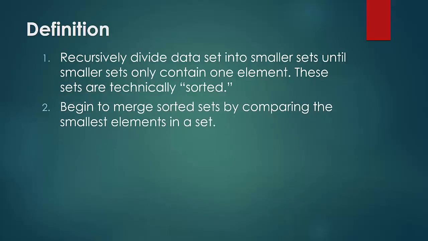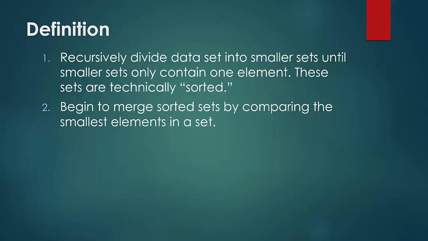Now you have these multiple sets. Let's say, for an example, our main data set has 4 elements. So now we have 4 sorted individual sets, and we begin to merge these sets. We take the first 2 divided sets and compare the smallest elements in each set.